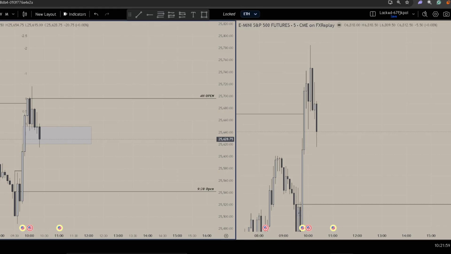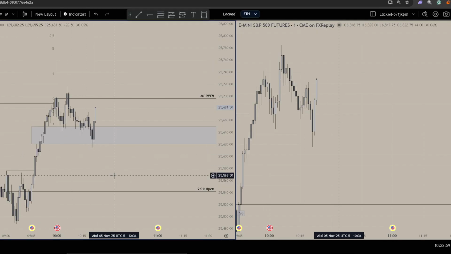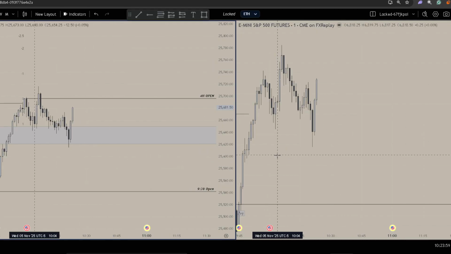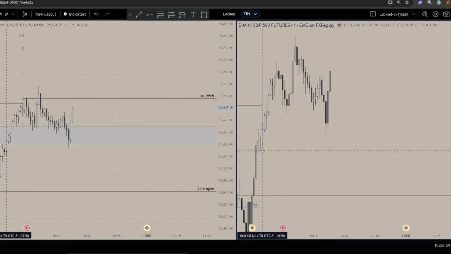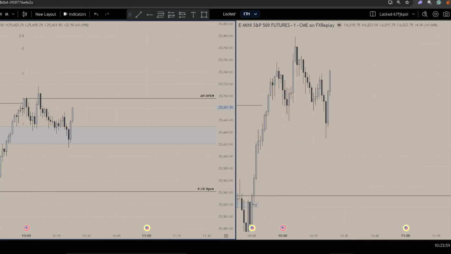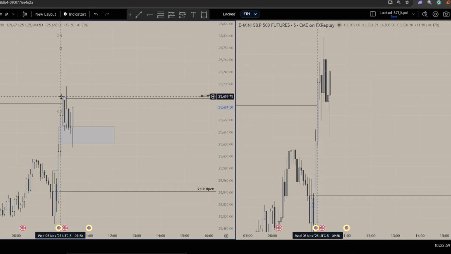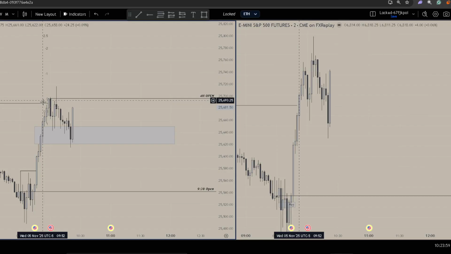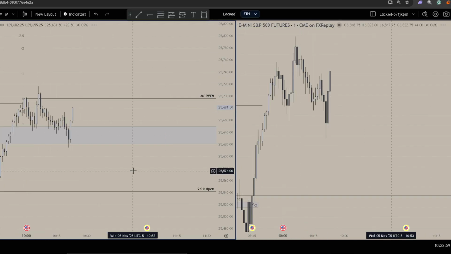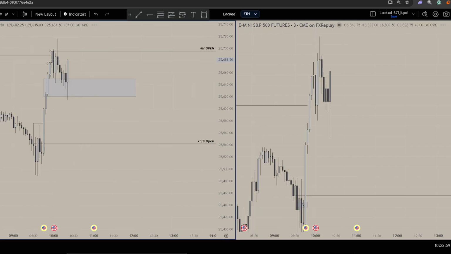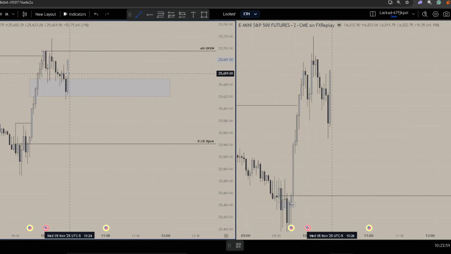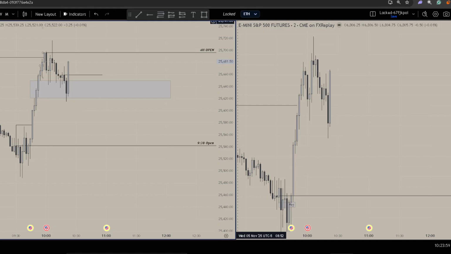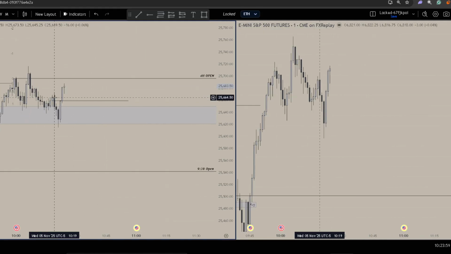Okay, now we're trading inside this 5-minute. We're respecting that 5-minute again. Okay, boom. Now I feel like something like this could be valid.